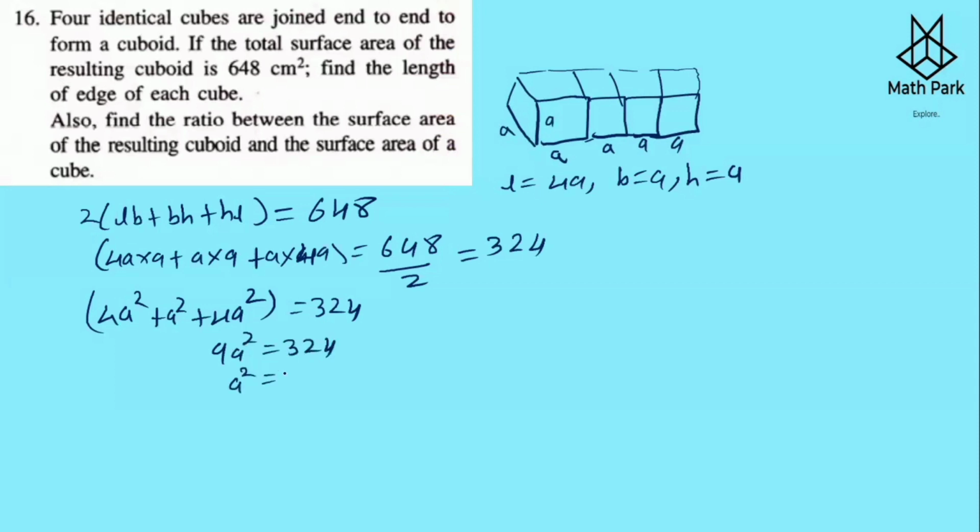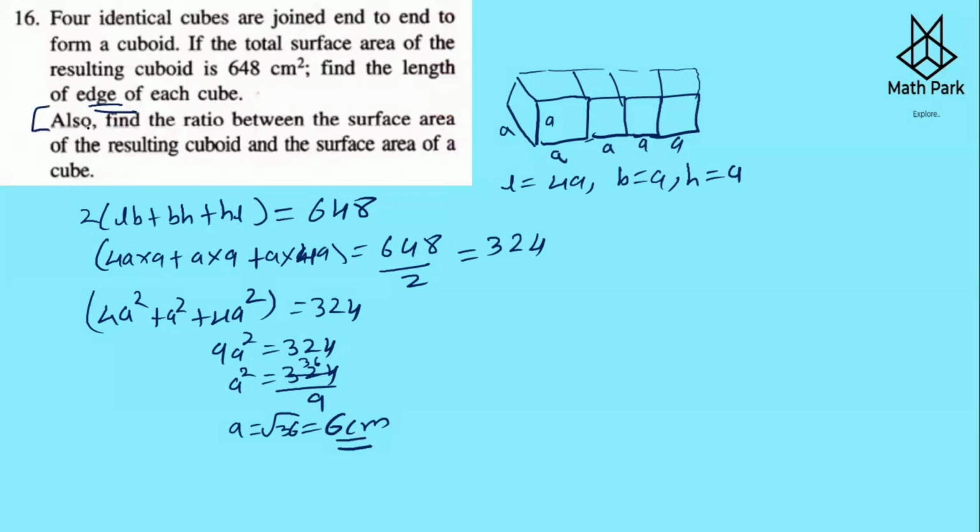So A square is equal to 324 divided by 9. So which we get, 9 3s are 27 and 9 6s are 54. So you get 36. So A is equal to root of 36, which is 6 centimeter. Edge of each cube is 6 centimeter.